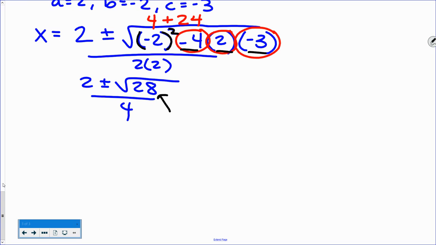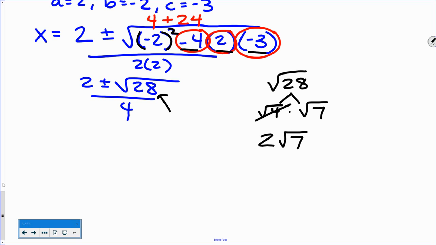Okay, so I'll go ahead and work with that over here. So there was a reason why I had you work on some things on Friday, and the assignment that was due yesterday. 4 is the perfect square that divides 28. So 4 times 7 would give me 28. The reason why we use 4 is because the square root of 4 is 2.